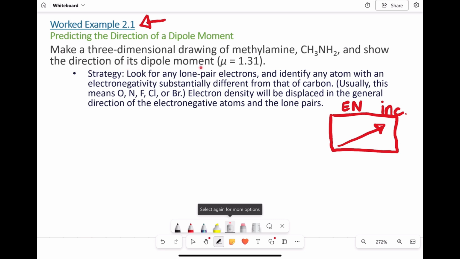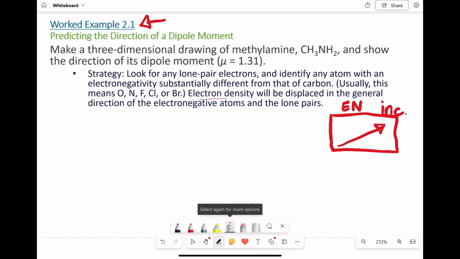So our strategy is to look for any lone pair electrons, and to identify any atom with an electronegativity that is different from carbon, meaning higher. And of course, we have our handy rule of thumb that oxygen, nitrogen, fluorine, chlorine, and bromine, which all happen to be located right there, have very high electronegativity in comparison to carbon.